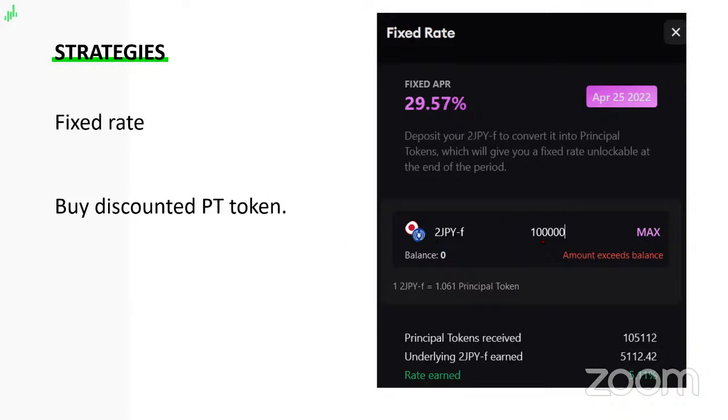So here, if I had 100,000 2GPY, it's not a big amount of money. It's around 1,000 something dollars. So if I had $1,000 worth of 2GPY, or 2GPYF, it's the underlying. This is how Curve is denominating a token. So it's a 2GPY factory pool.